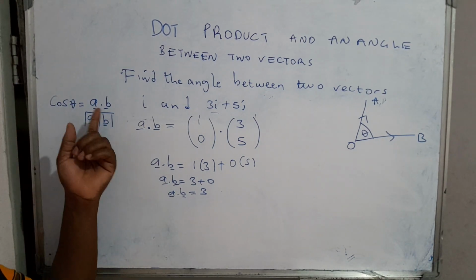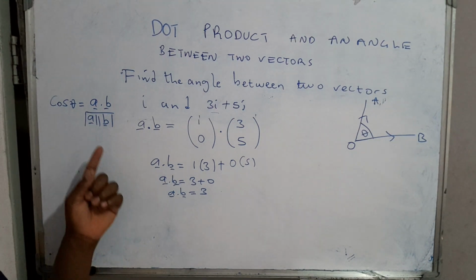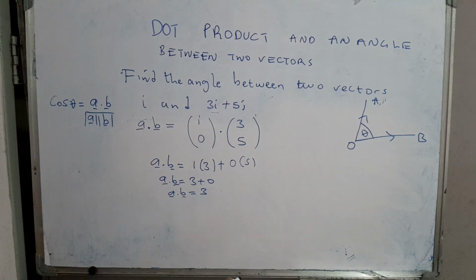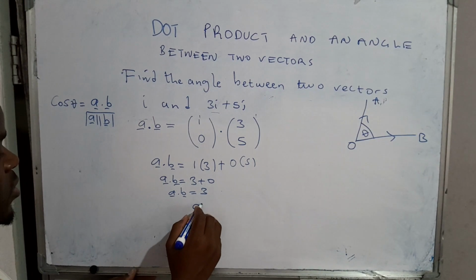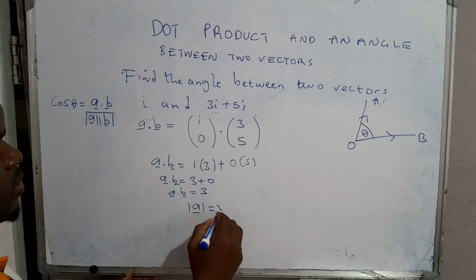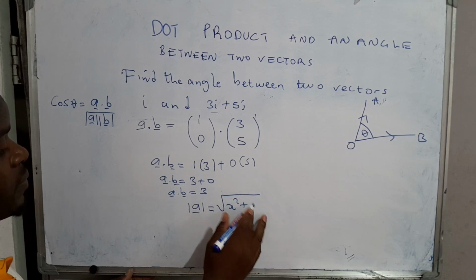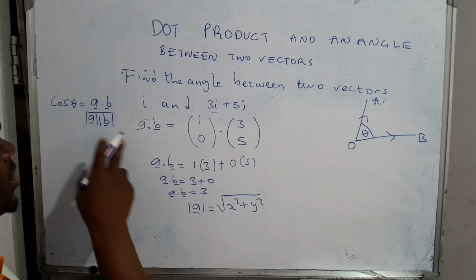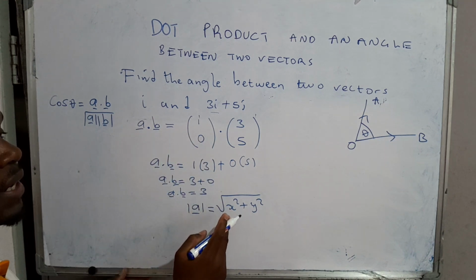So far we found the dot product of the two vectors. What we remain with is finding the magnitude of vector A. We can say the magnitude of vector A is given by, we check, since we have the i component and the j component, we can plug in those here.